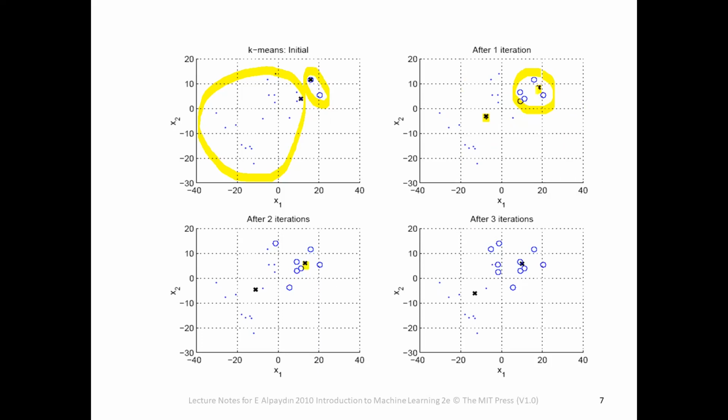This vector moved a little in this direction, and this vector moved also a little to the left and down. And again, we compute the representative for each observation. As you can see here, we have more observations for which this reference vector was the representative, so its position is updated and so on.